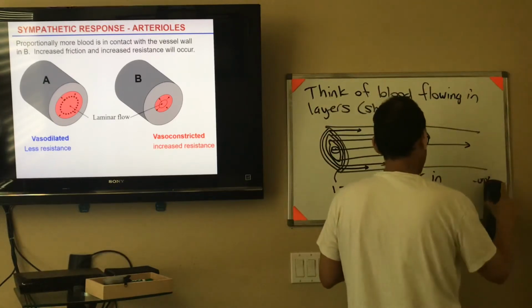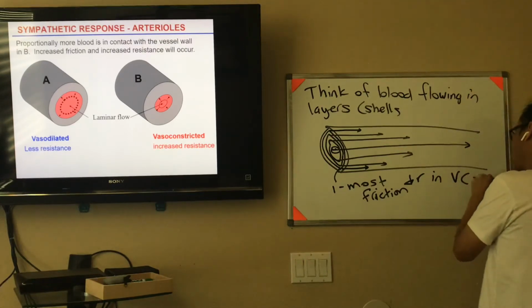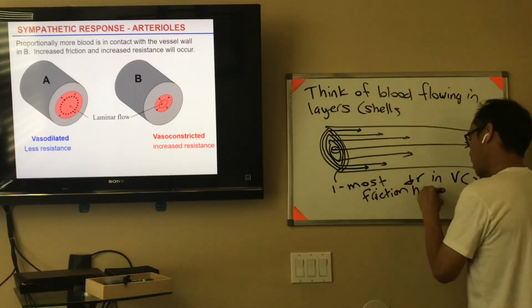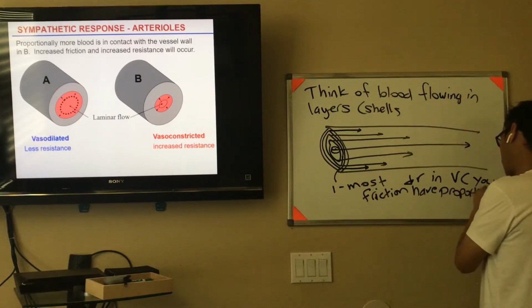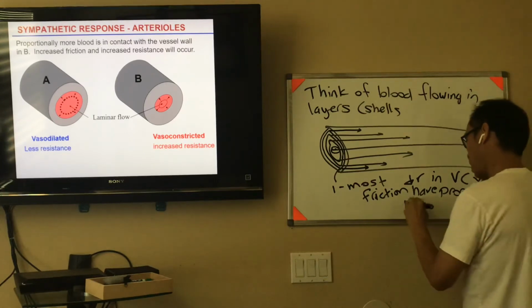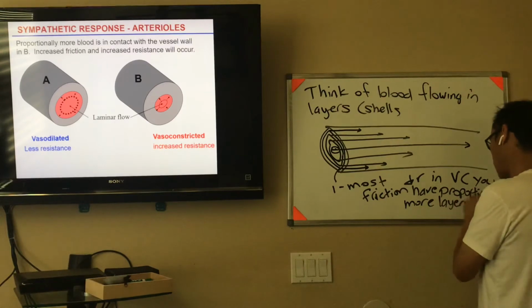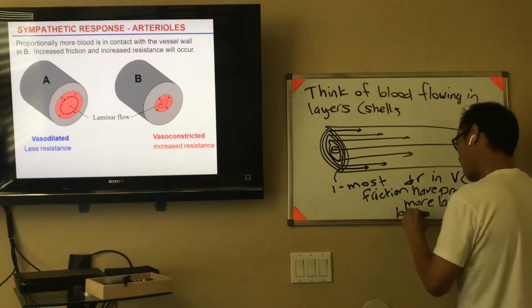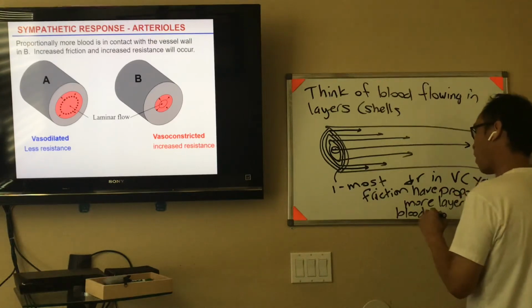I don't have a lot of room on this small board. When you decrease little r in VC, you have proportionally more layers of blood in contact with the vessel wall.